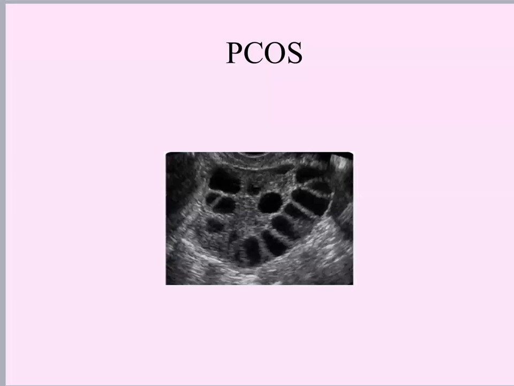And it is characterized by irregular or absent ovulation, excess androgen levels, so excess testosterone. All women have a little testosterone, but this is excessive. And polycystic appearing ovaries on ultrasound. So just like this picture shows.